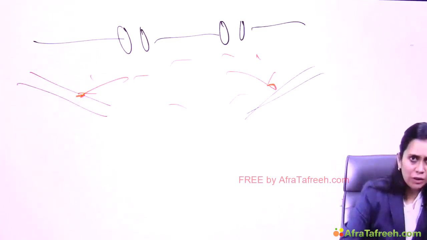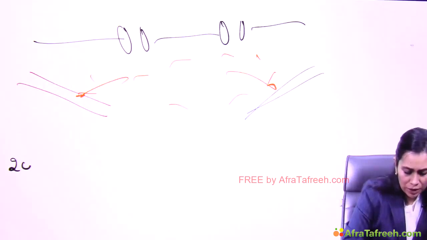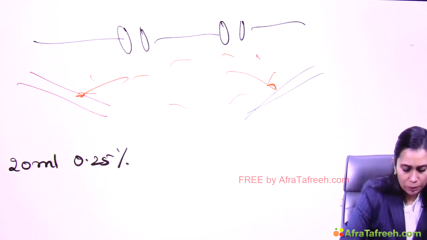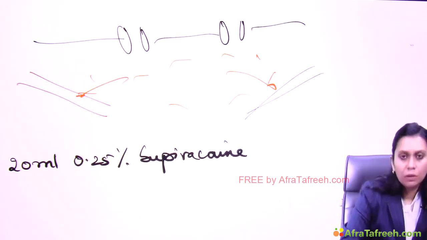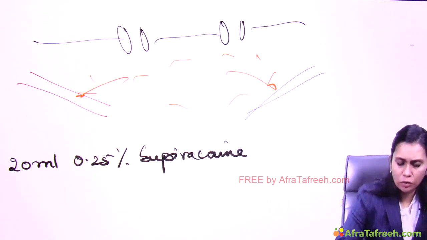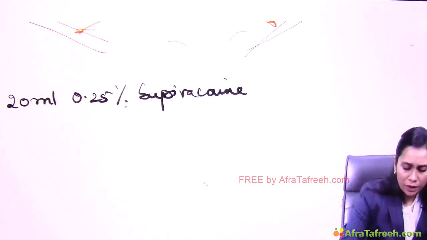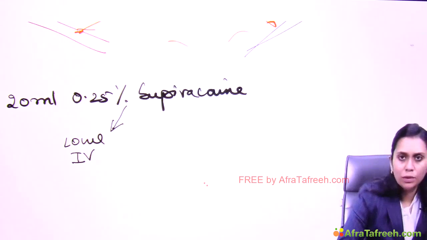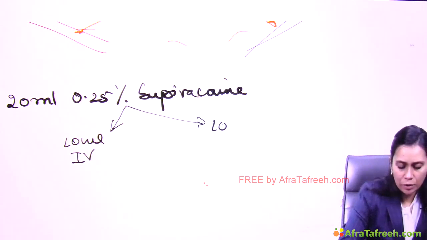So let us assume I am using 20 ml 0.25% bupivacaine, right, for brachial plexus block, right? I am giving this much drug for brachial plexus block. What happens? Of this, 10 ml got intravascularly absorbed and 10 ml remain there for the action.